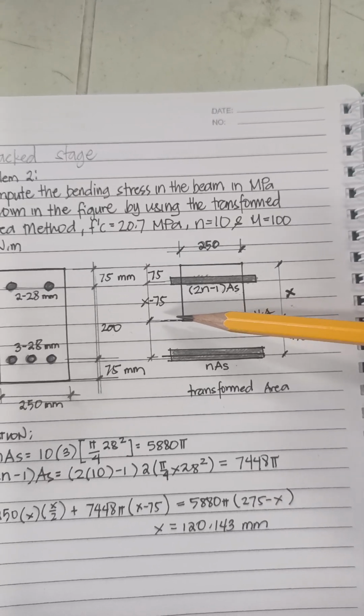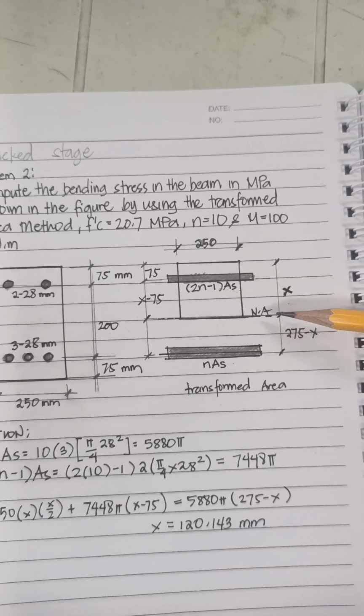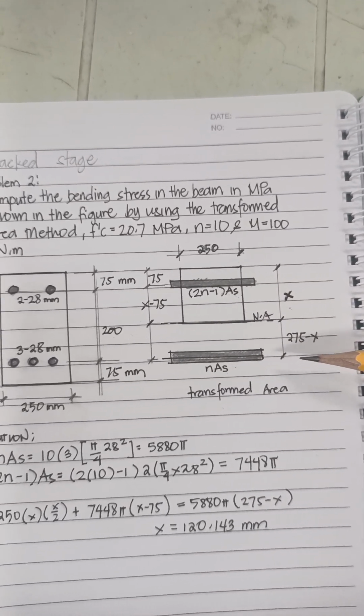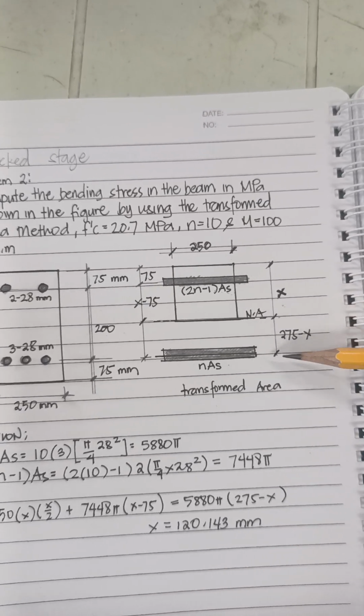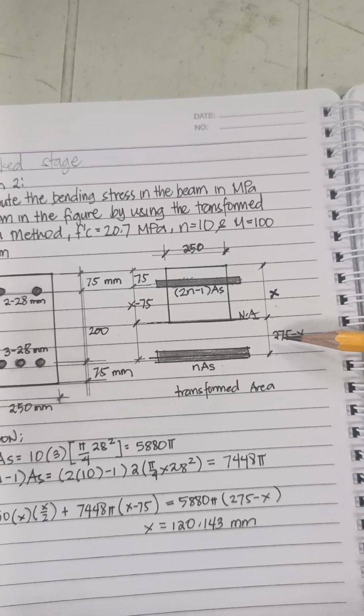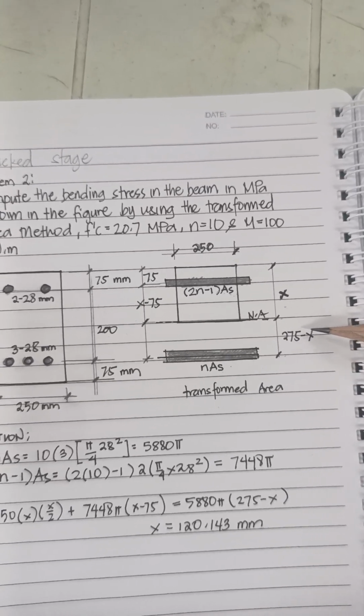And then the neutral axis, of course, is at the bottom of that concrete area. So this will be the dimension. From the neutral axis to the tension steel is 275 minus x.